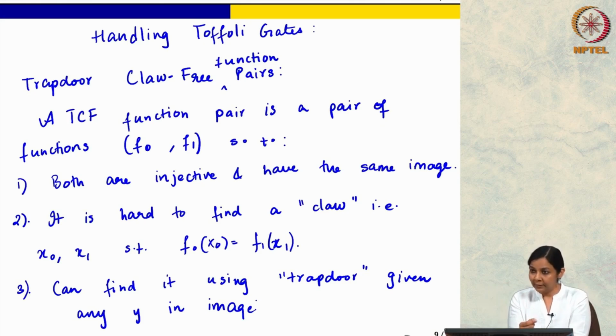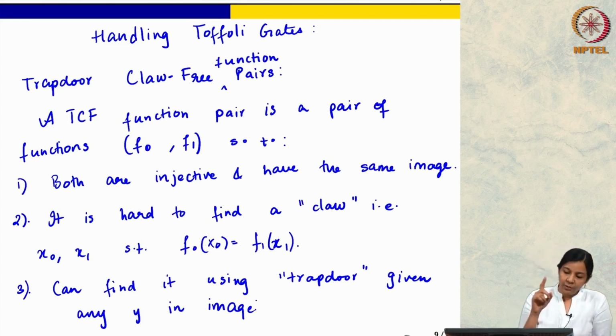It is hard to find that. This is in general hard, but there is some kind of trapdoor that lets us do it. If I have that trapdoor, then for any point y in the image, I will be able to find x0 and x1 such that f0 of x0 is equal to f1 of x1 is equal to y. This is the definition of a trapdoor claw free pair, and we will see that this is very useful.